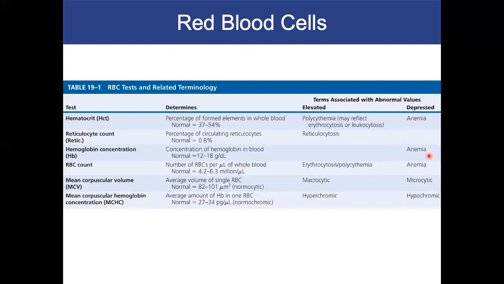Depressed values, all of those are considered anemia, but take a look. If mean corpuscular volume is low, that would be microcytic anemia, meaning your red blood cells are small, and that's a type of anemia, so microcytic anemia. If you don't have enough hemoglobin, then your red blood cells are going to be lighter colored, so they're going to be hypochromic, less color.